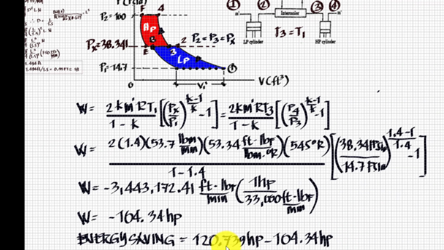So I have 120 from the previous work indicated, then minus the new work by means of making it multi-stage. So we can say that we have 16, sorry, that will be 16.4 horsepower for the energy saving.